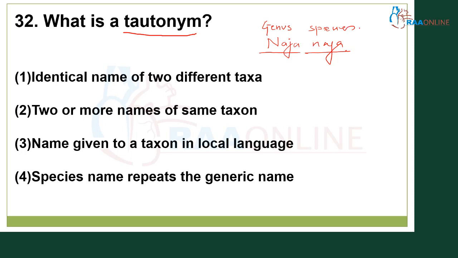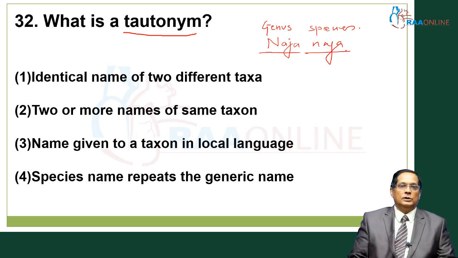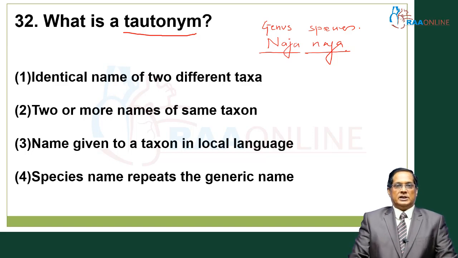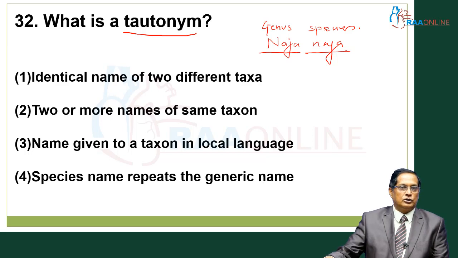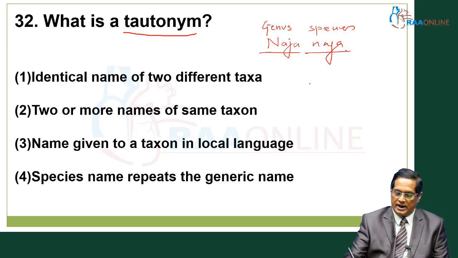If any scientific name in which both genus and species are the same, such names are called tautonyms. But tautonyms are not recognized in botany. They are generally applied in zoology.